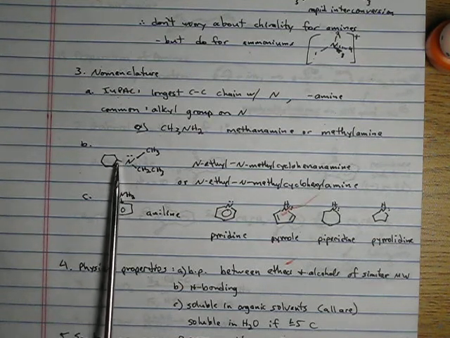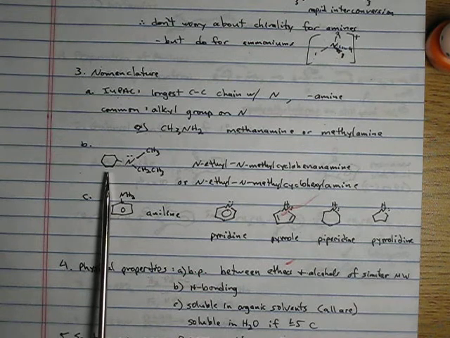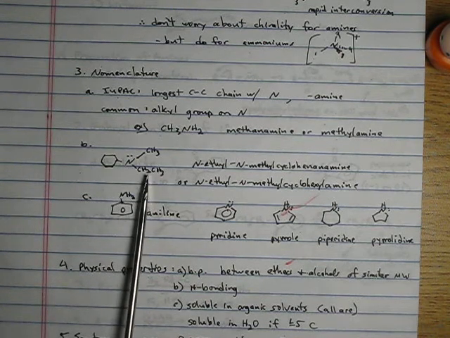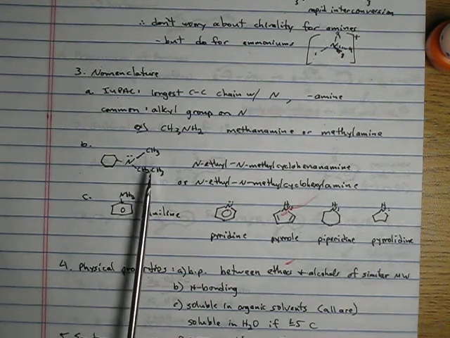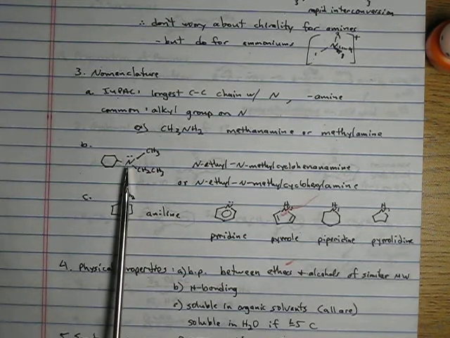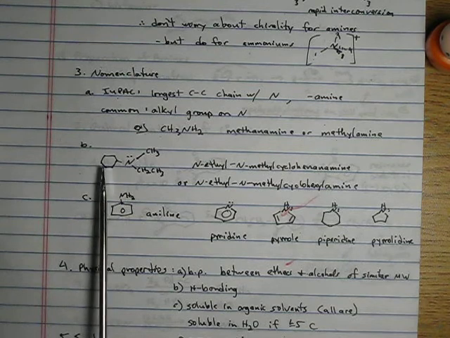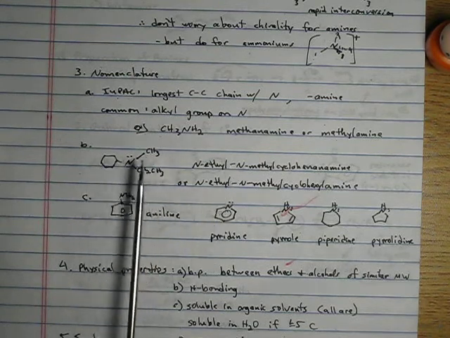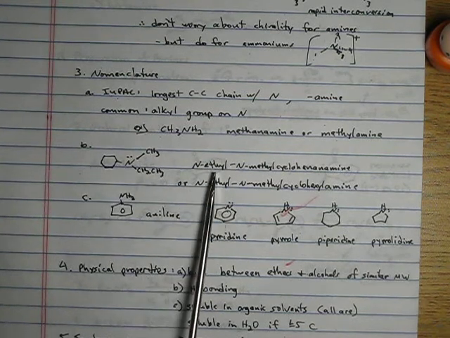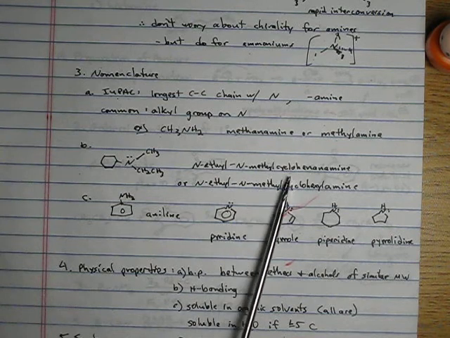There's an amine on it, so it's cyclohexanamine. But it's got a methyl and an ethyl. You have to indicate that the methyl and the ethyl are coming off the nitrogen, because if you just say methyl cyclohexanamine, you might think that the methyl's on the cyclohexane. So this would be N-ethyl N-methyl cyclohexanamine.